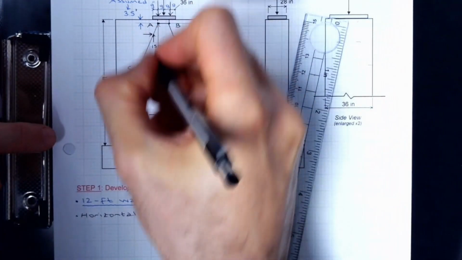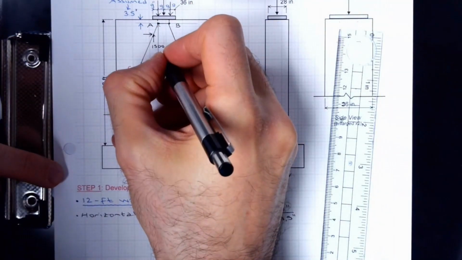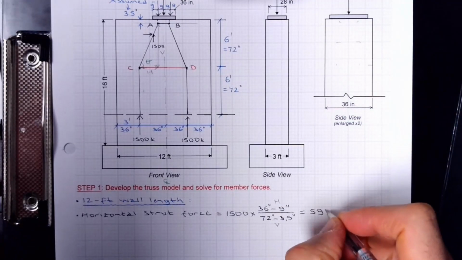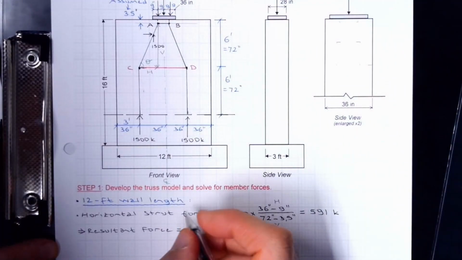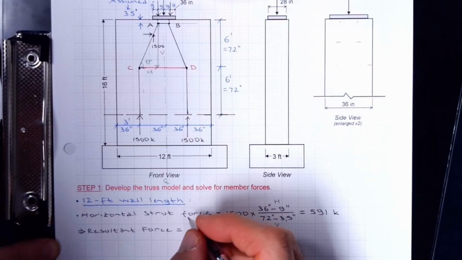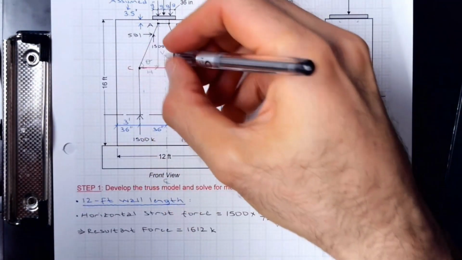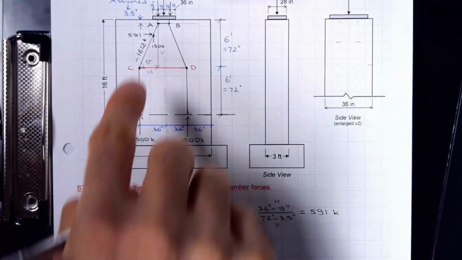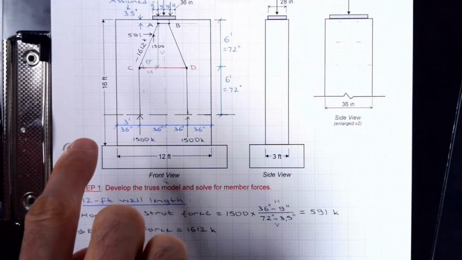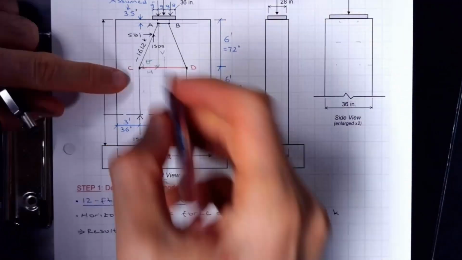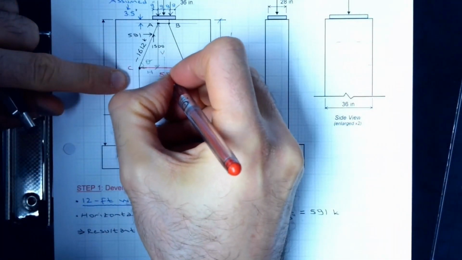I'm calling this distance vertical, and this one horizontal. 591 kips. Resultant force would be 1612. So 591 is this one, and the resultant force, I'm just writing it here. The horizontal component 591. Based on that, the tension in the tie needs to be 591 kips.